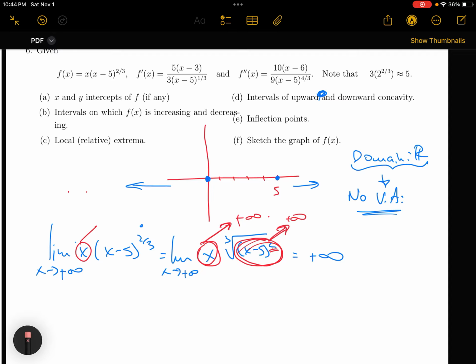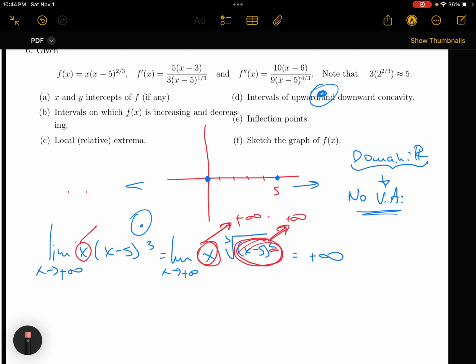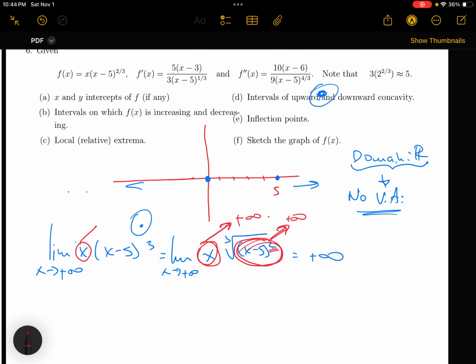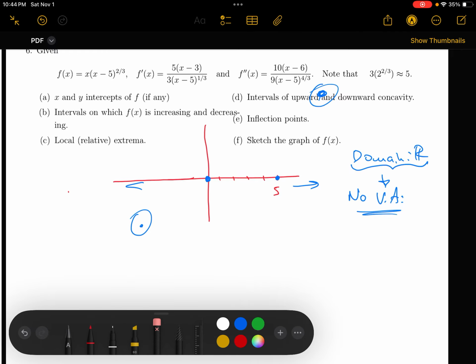So we have somewhat better understanding where to start sketching the graph, and where to end sketching the graph. And this graph is going to go throughout the whole coordinate system because it has no vertical asymptotes, or simply because the domain is R. So let's get rid of this now. We don't need it. We just used it to realize where the function is going to start and where the function is going to end.